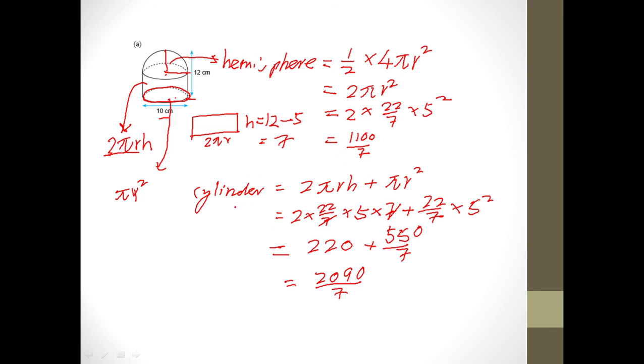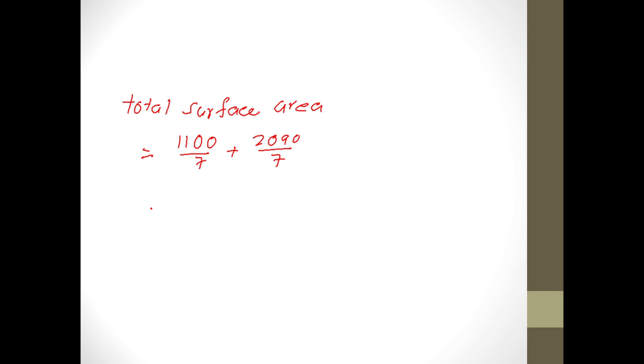To get the total surface area, you have to sum out this and this. So the total surface area is 1100 over 7 plus 2090 over 7.